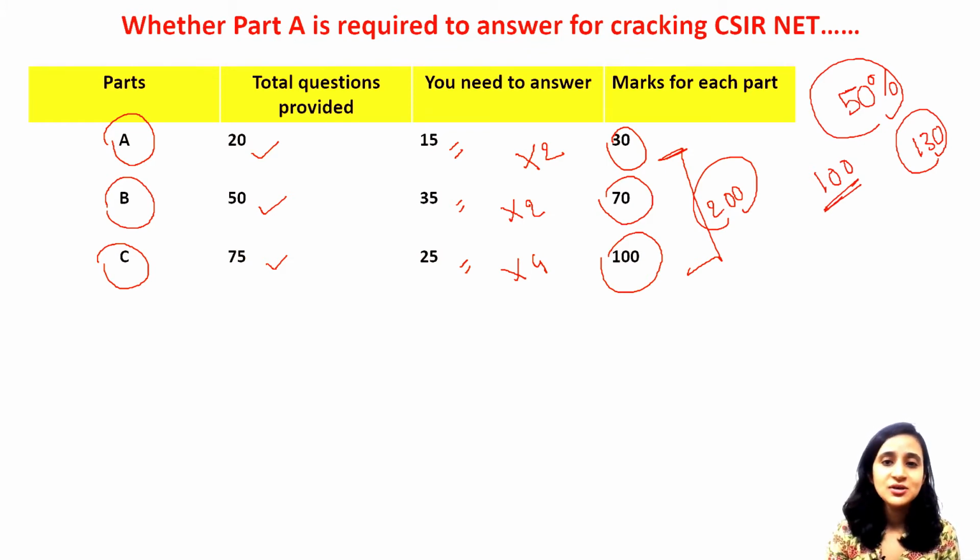Now think logically. If you can't answer even a single question of this Part A, then also you can crack NET JRF, because you have a total of 200 marks, and 200 minus 30 means 170. So still you have 170 marks in your hand, and you need to get at least 100.